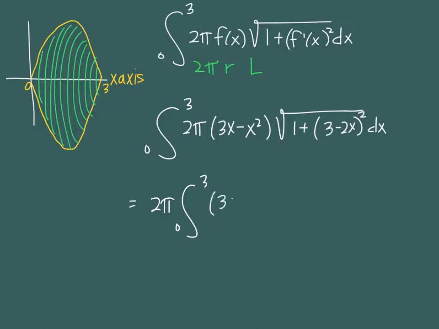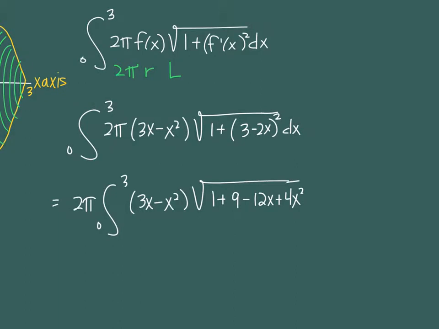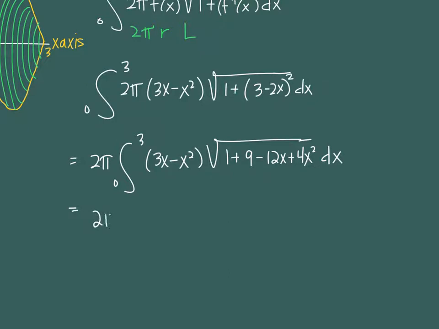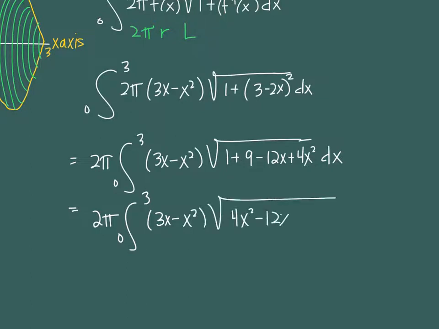So we've got the quantity 3x minus x squared on the outside, and the square root of 1 plus 9 minus 12x plus 4x squared. I just FOILed out the derivative. In other words, when I clean that up, let's do 4x squared minus 12x plus 10 dx.